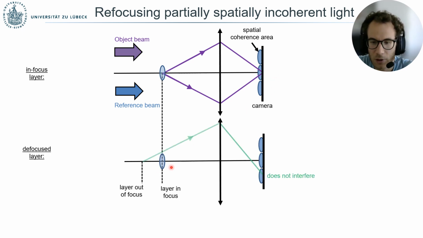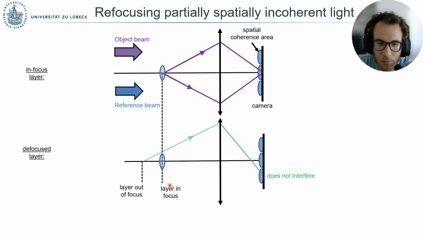But when we have a defocused layer, so in OCT our sample is thick, and it can be so thick that one layer is out of focus, the light coming from this layer can actually be so defocused that it is outside of its coherence area on the camera. So it's outside of the coherence area of the reference beam and it's not interfering.